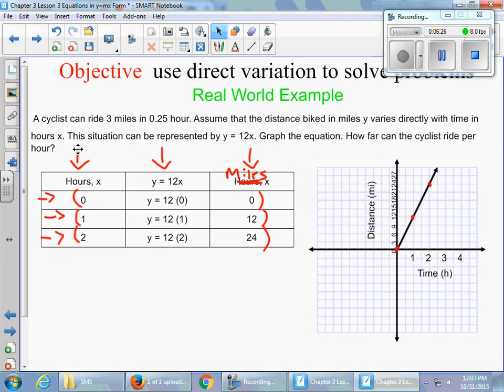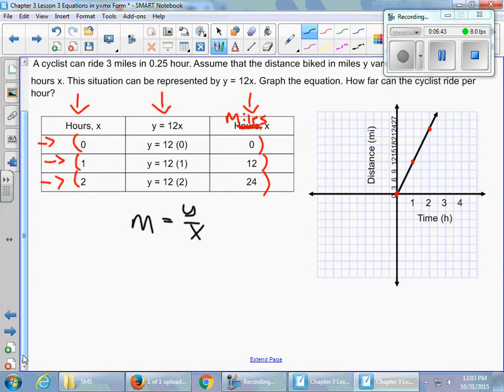So now our question is, how far can a cyclist ride per hour? We're just looking for a per hour rate. So we're going to try to find our m. m equals y over x. So going up, we go up 12 on our graph. It goes up 12. That's our rise, and we run over 1. So we have 12 over 1 for our first point.